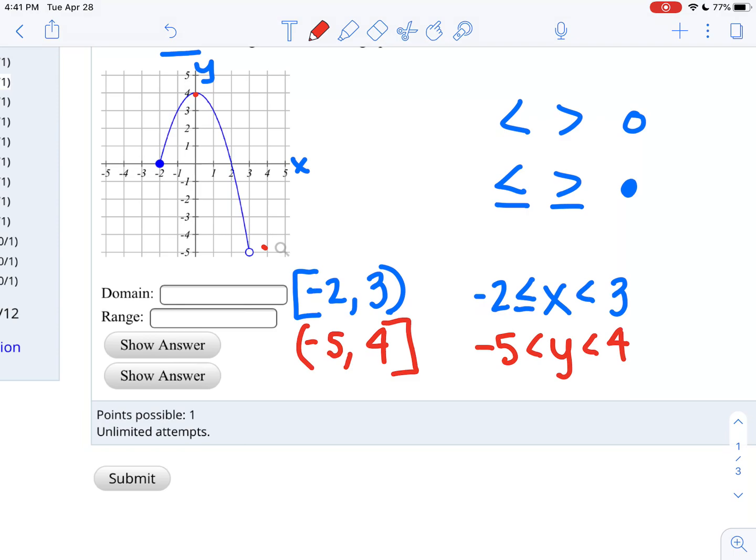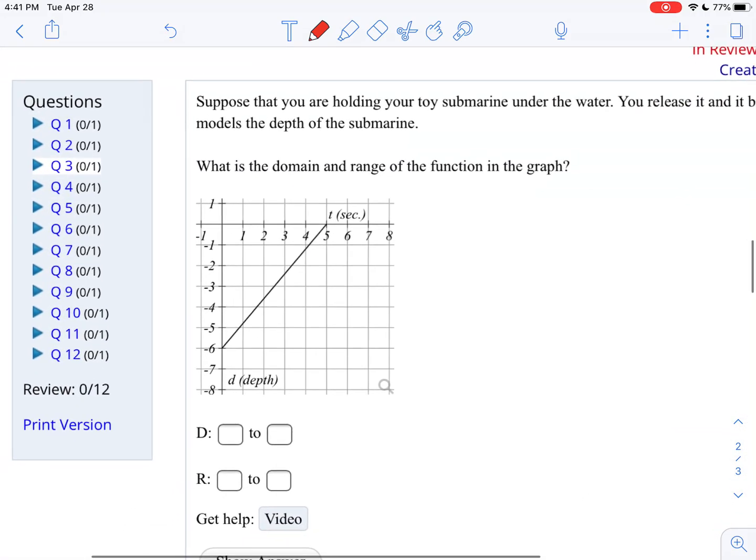Because this is an open circle, the one next to the -5 is going to be just less than. And then this one is going to be an equal to sign underneath. Okay, and I'm sorry, this is actually a greater than sign because we read it from the y point of view. So this says y is greater than -5.